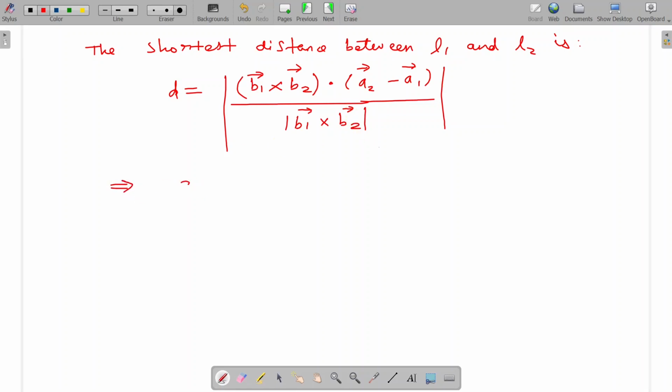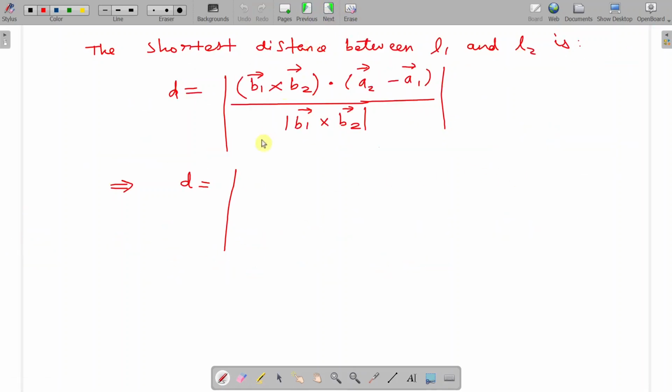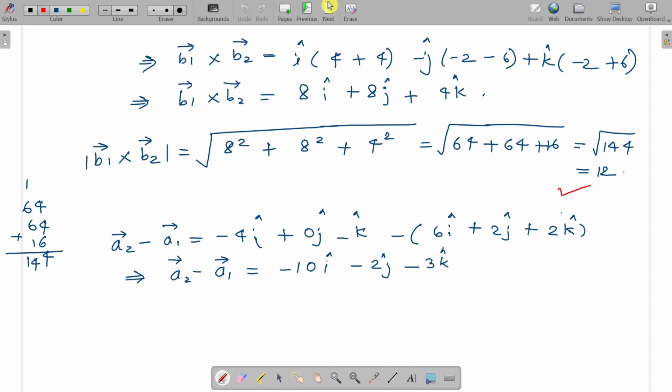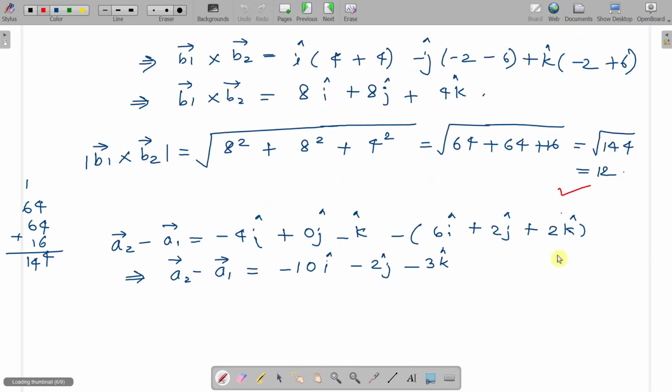So D is equal to modulus of 8 i cap plus 8 j cap plus 4 k cap into minus 10 i cap minus 2 j cap minus 3 k cap, right, modulus close, divided by magnitude of b1 bar cross product b2 bar, that is 12 here.